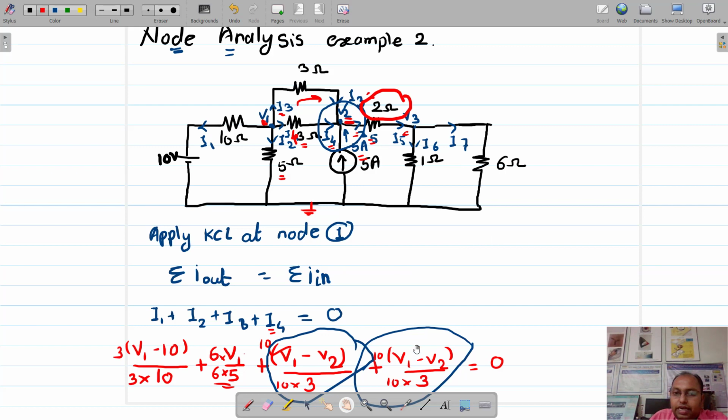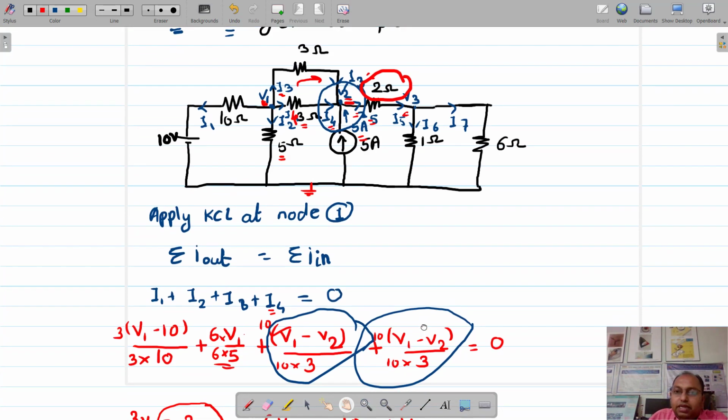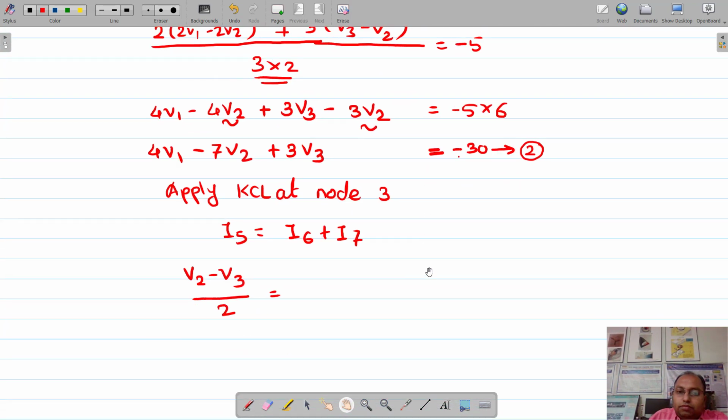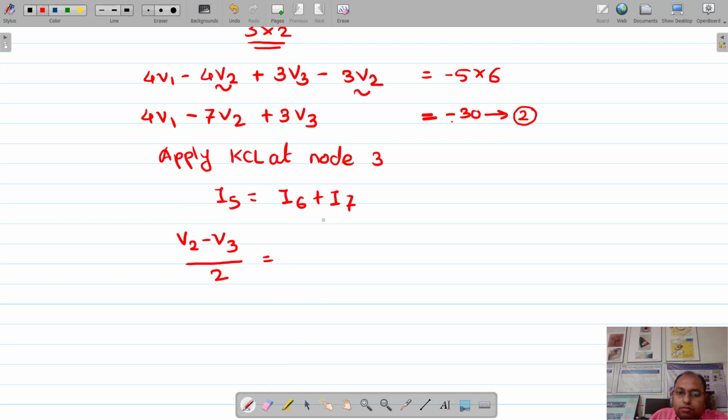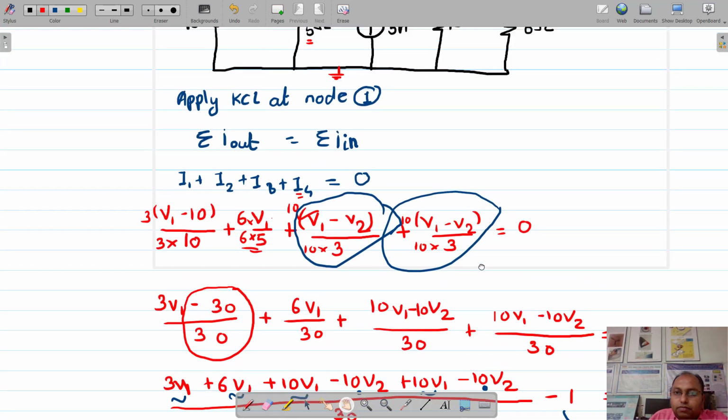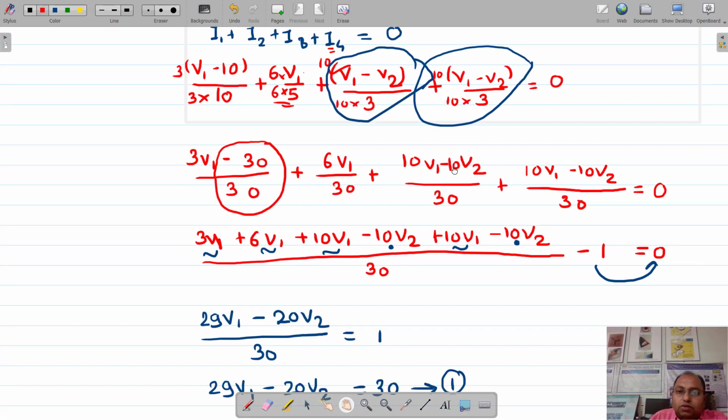Okay, so let us write I6 as V3 by 1 and I7 as V3 divided by 6 ohms. Right? Is it fine? Let us check it out once again. Yes, it is 6 ohm, right? Okay, so let us write now.